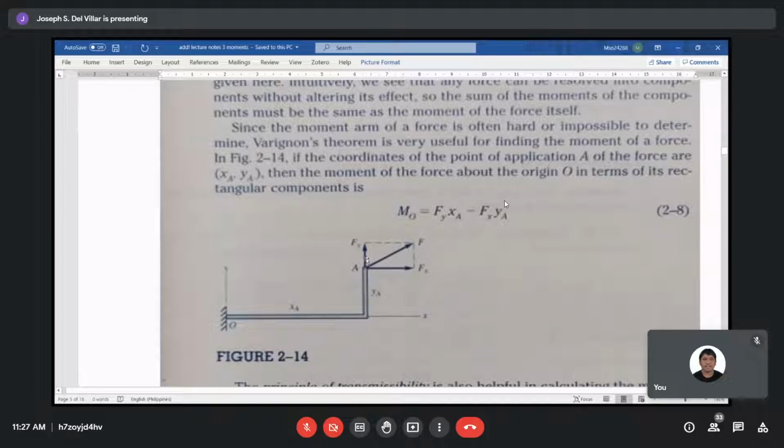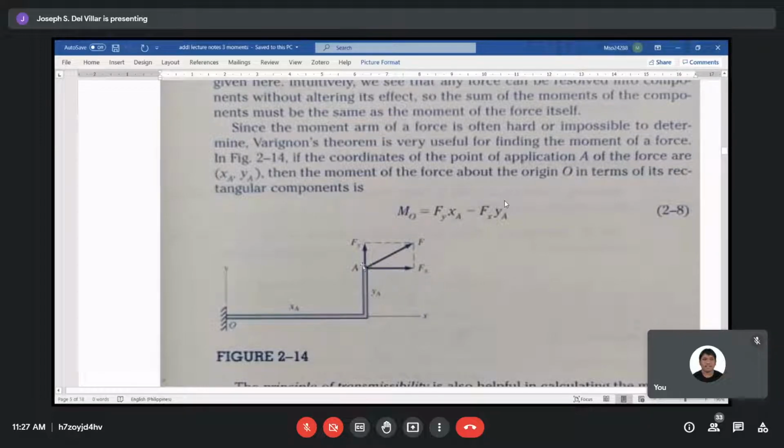So, pag gumamit kayo ng component, forget about the original force. Hindi na yung kailangan. So when you make use of the components, Fx and Fy, you forget already the original force. Kasi ito na yung gagamitin nyo.